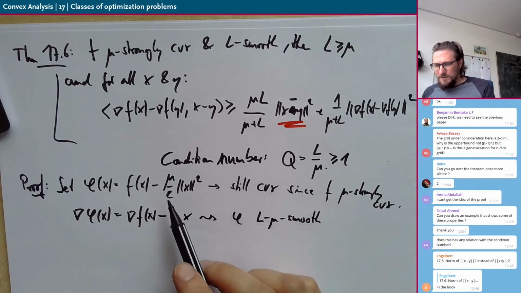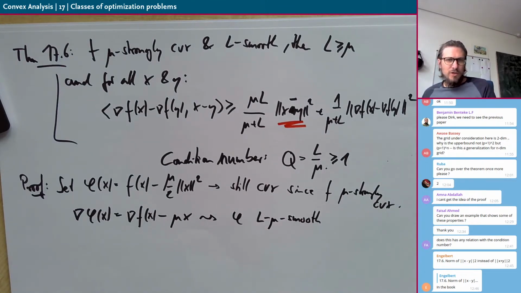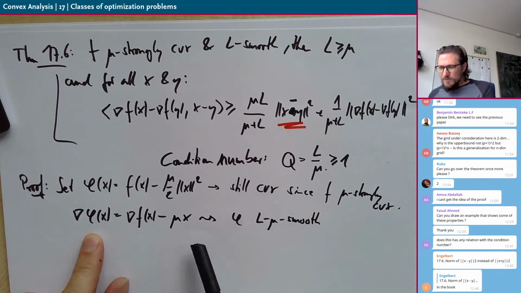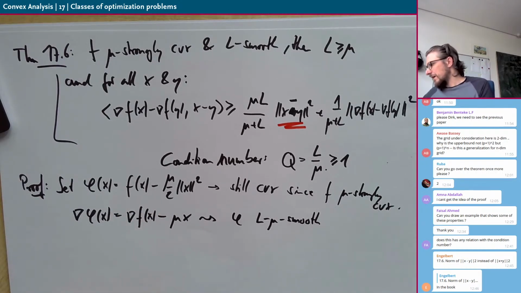Subtracting mu over 2 times norm x squared reduces the constant of strong convexity by mu, so we still have convexity, nothing more, but it also reduces the smoothness, and this can be seen by that. This is L Lipschitz, and if I subtract this, it's at least L minus mu Lipschitz. Okay.